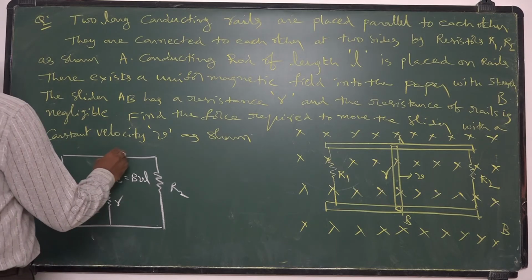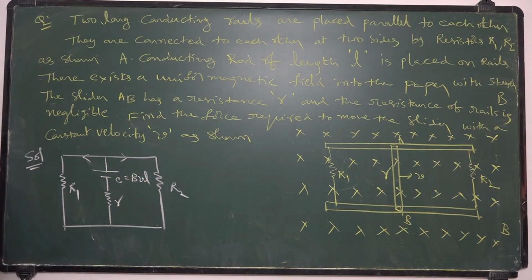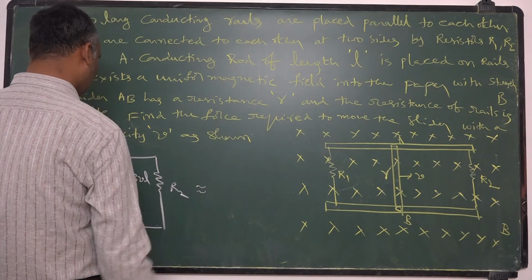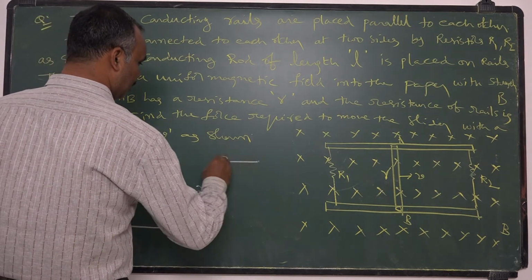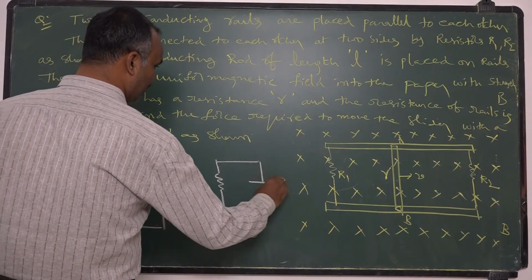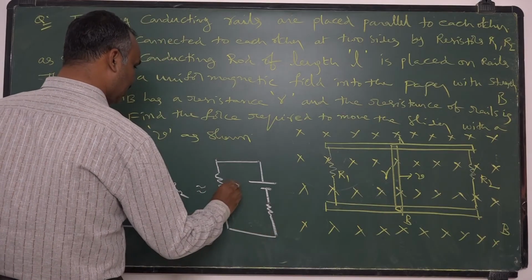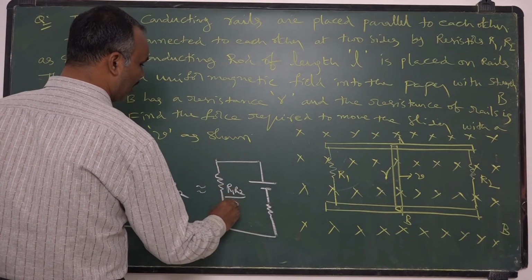Whatever current comes here is divided into both. R1 and R2 are in parallel combination, so this circuit can also be drawn like this. By replacing the two resistors in parallel with a single resistor, the effective resistance is R1 R2 by R1 plus R2.